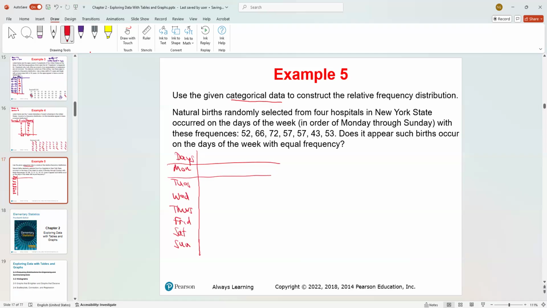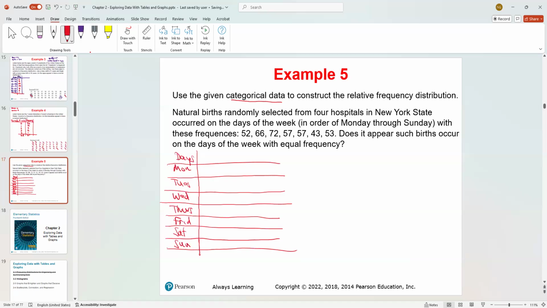Now, in that table, they tell you the number of births per day of the week. So you remember the days, all you need to do is count, or it's already given, because in this exercise all frequencies are given. Yes, they save us everything.